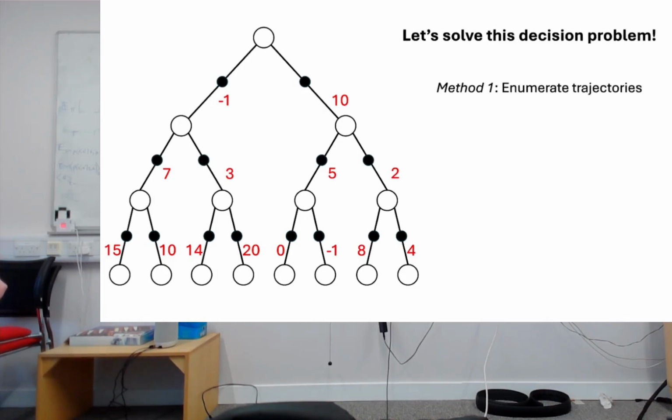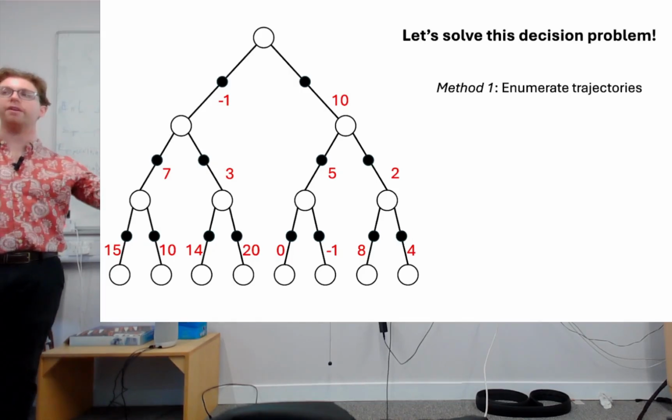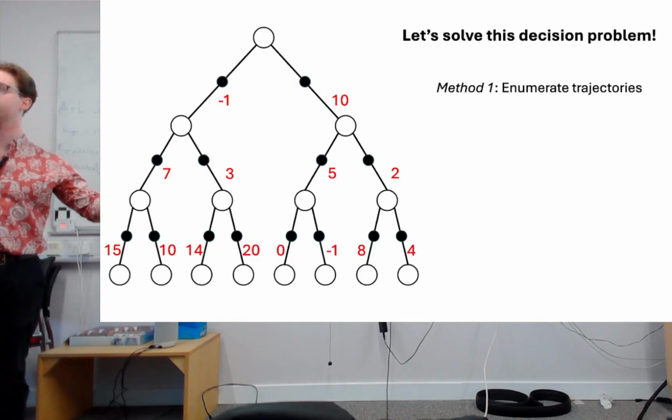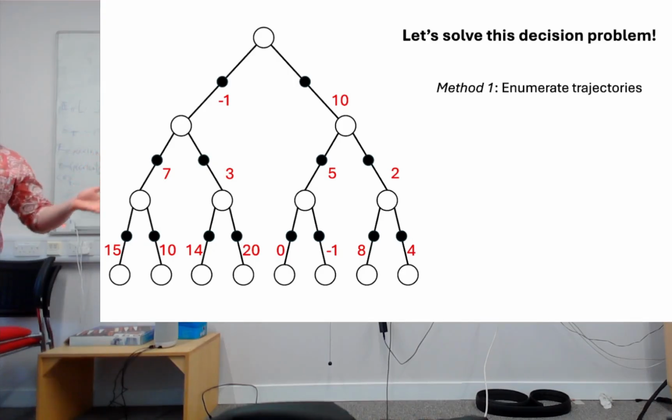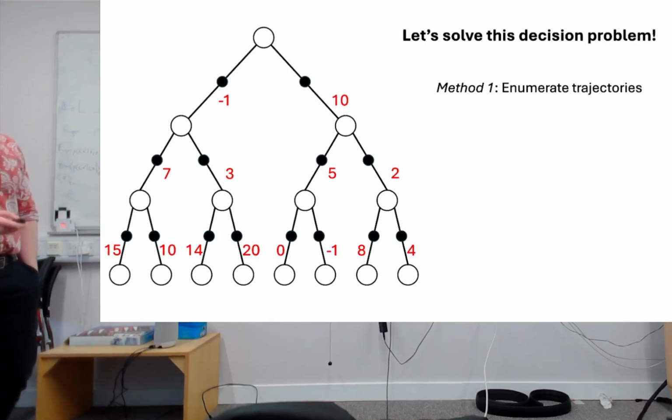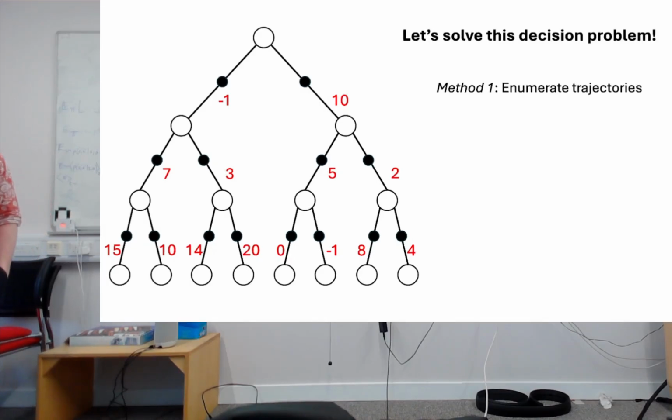So how are we going to do this? Let's first think of a very simplistic manner for doing this, just so we can work out what is actually the best thing we can do, and then we can check later working against this. So the first method is just to go through every possible trajectory through this MDP and compute the return that I'm going to get from that trajectory.